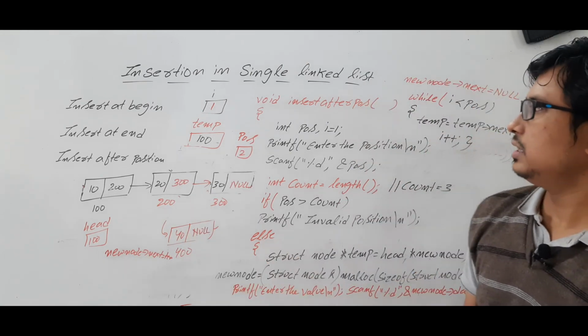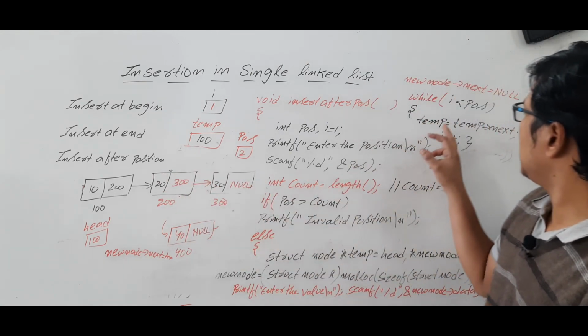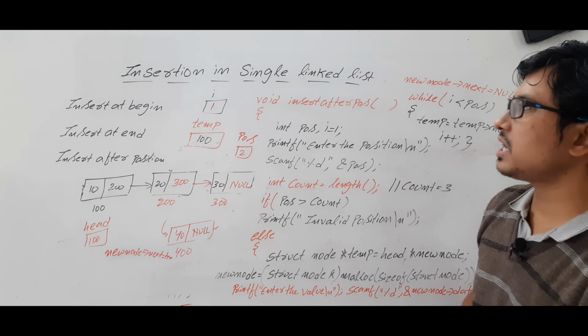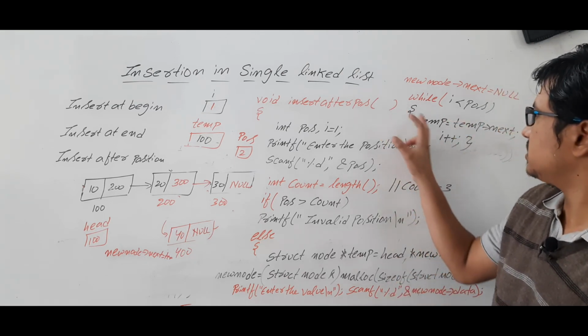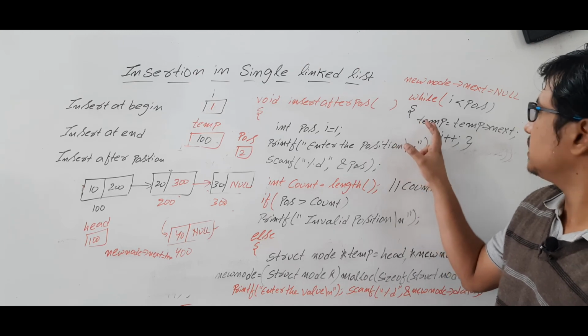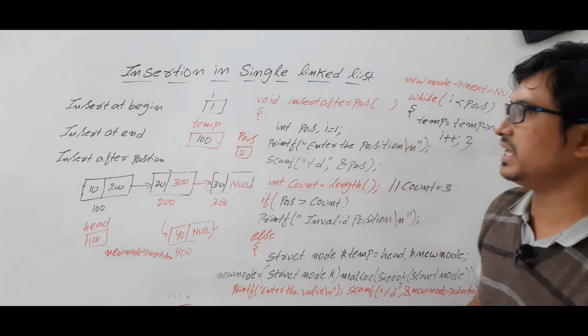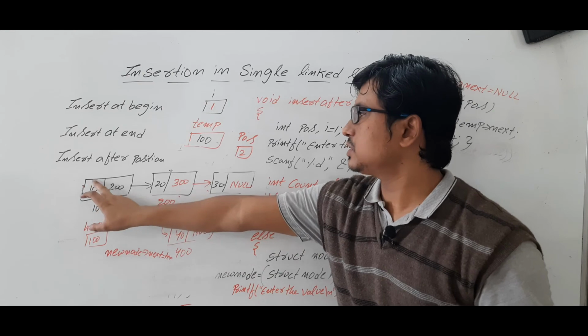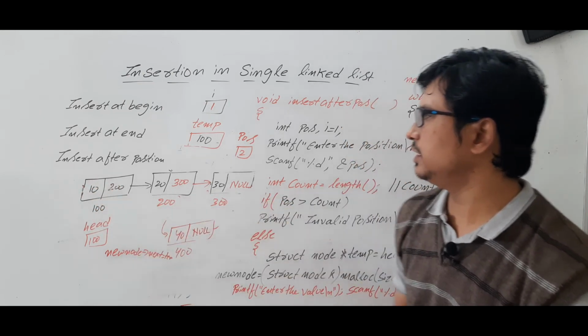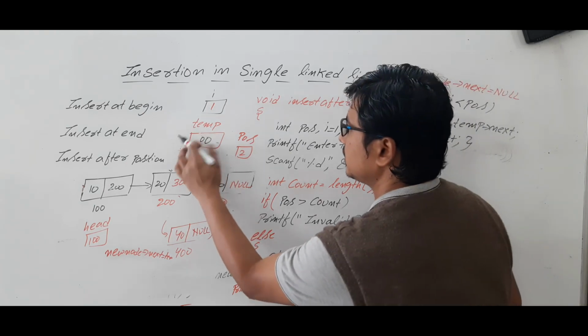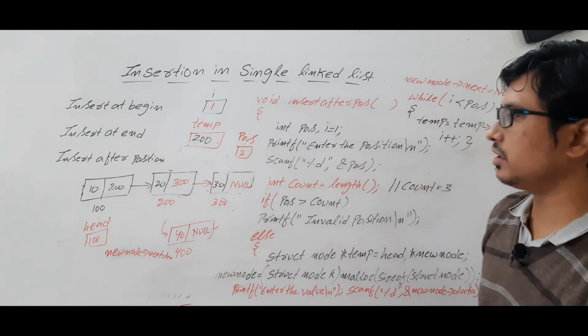Now look at here. i < position. What is the i value? 1. 1 is less than 2, yes, this condition is true. If this condition is true, what you are writing? temp = temp->next. Temp of next means here you will get 200. Are you able to understand it or not?